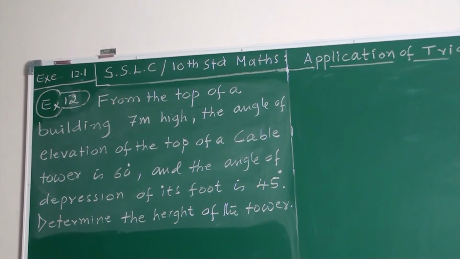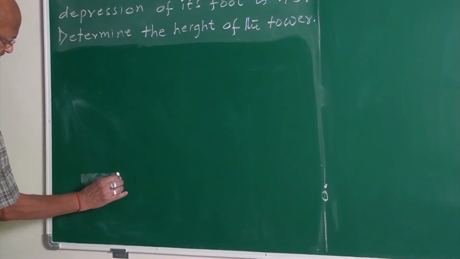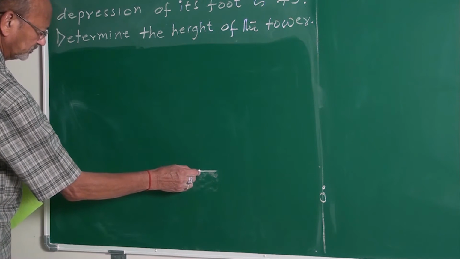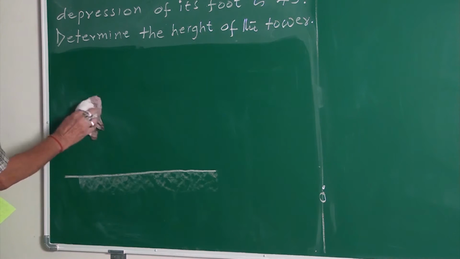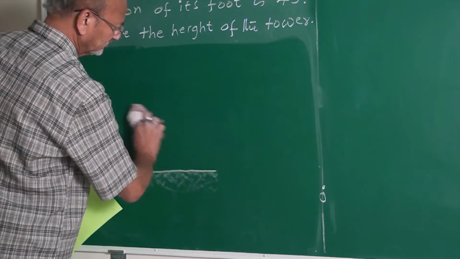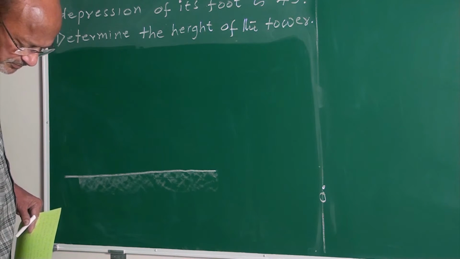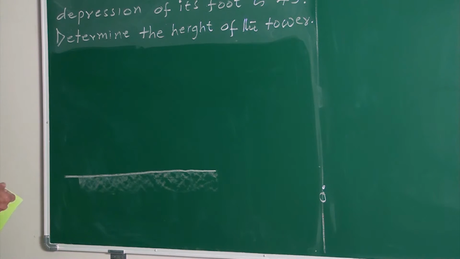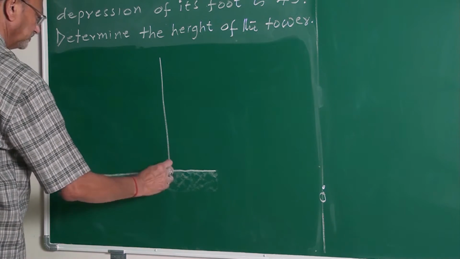From the top of a building, this is the ground. The building is 7 meters high, AB.